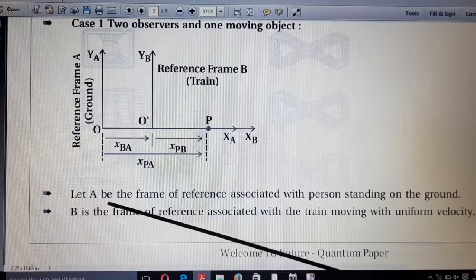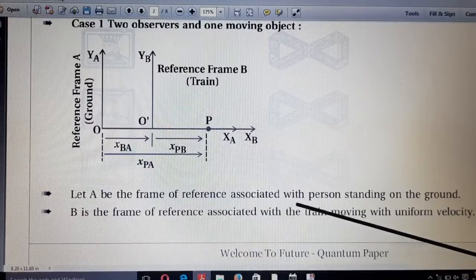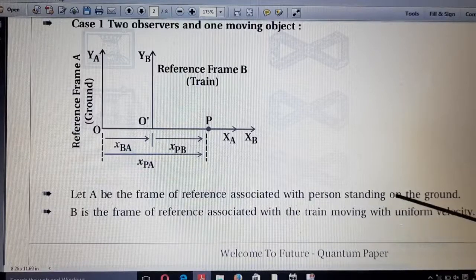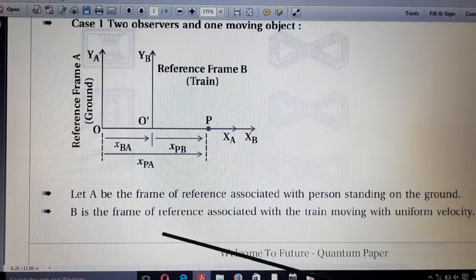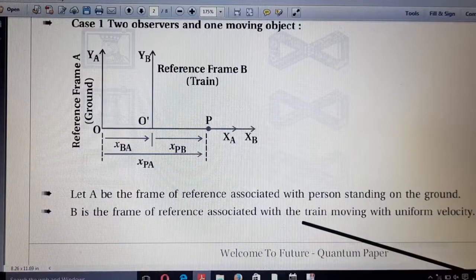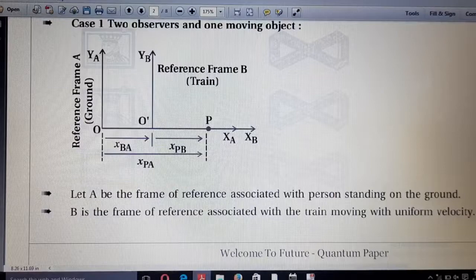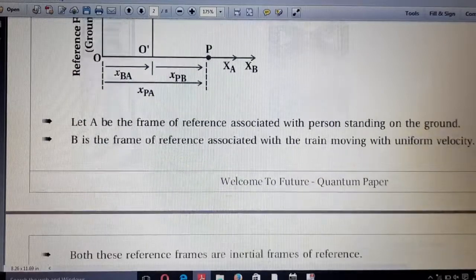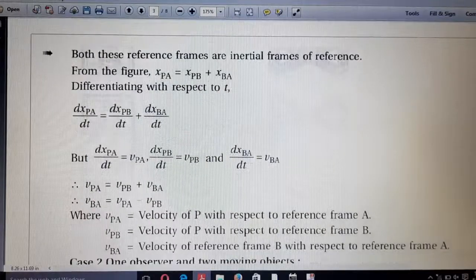Let A be the frame of reference associated with a person standing on the ground, and B the frame of reference associated with the train moving with uniform velocity. Both are different reference frames.